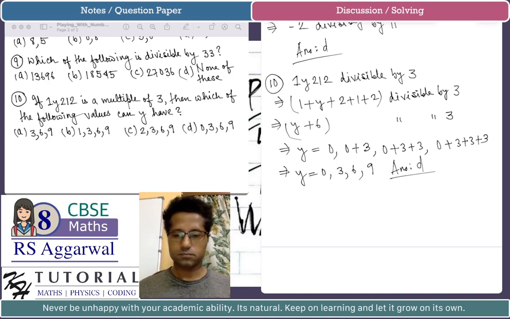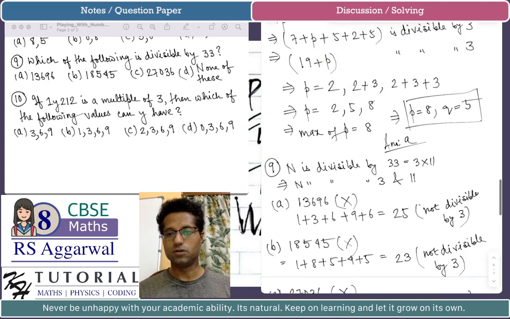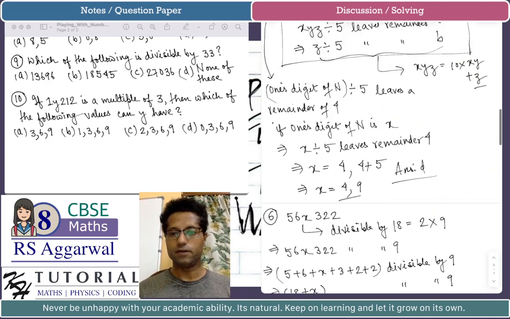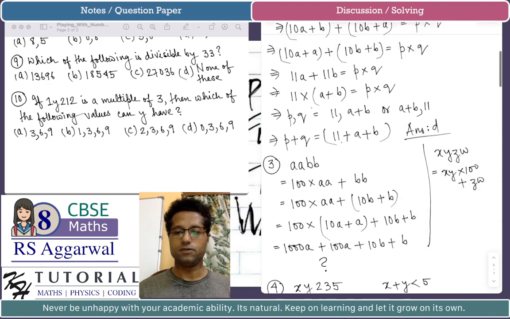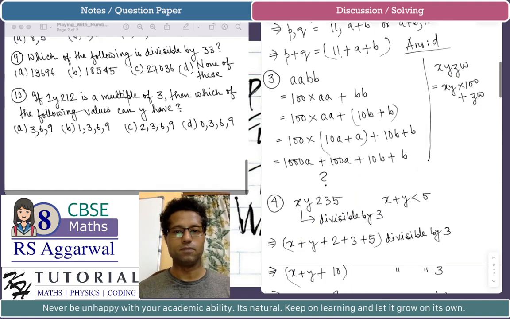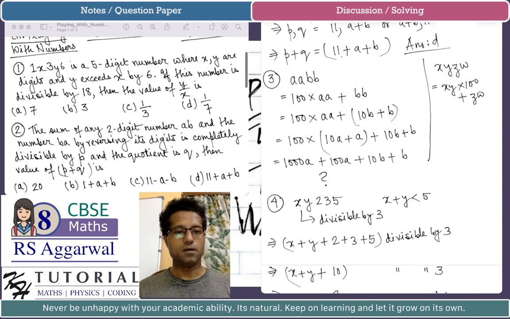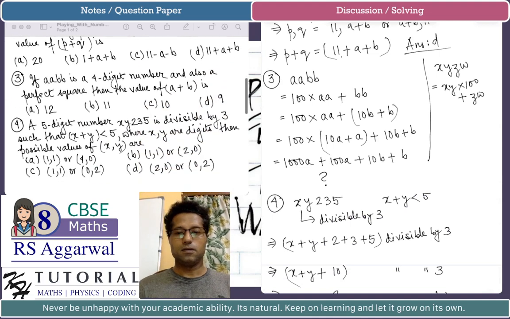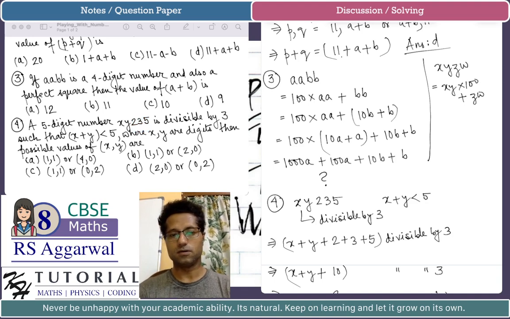Now let me go back to the question which I could not solve, and I left it with a question mark, which is problem number 3, where it says that AABB is a 4-digit number and also a perfect square. Then the value of A plus B is. Sometimes it is possible to answer the question by seeing the choices.